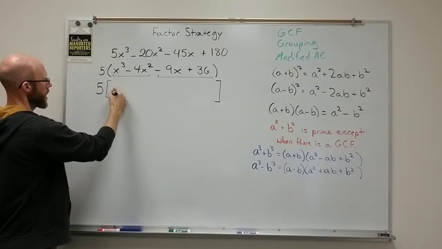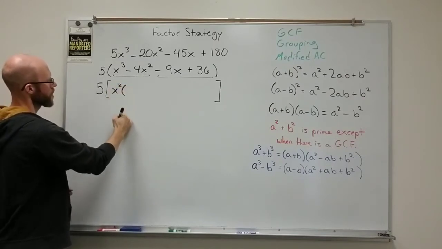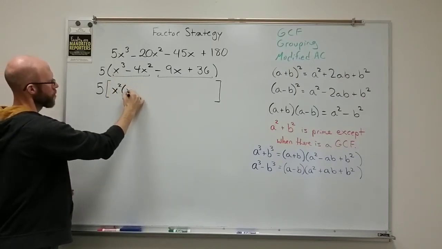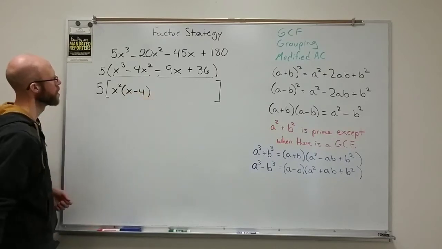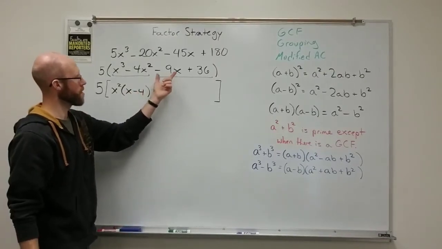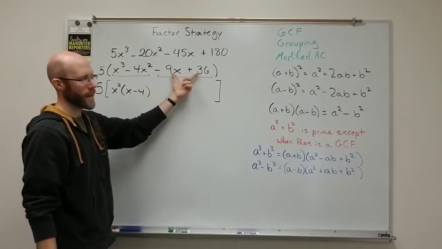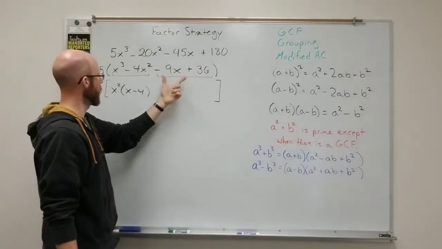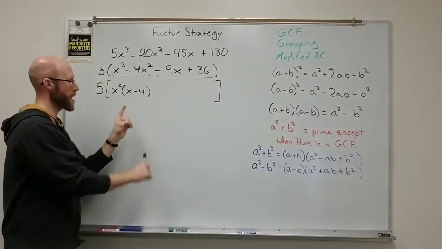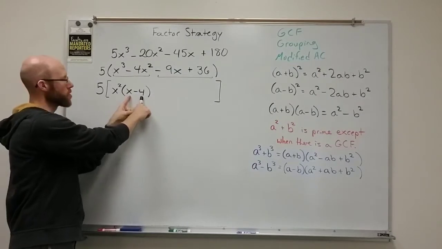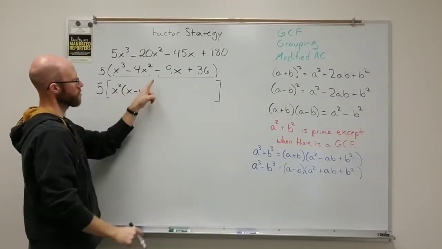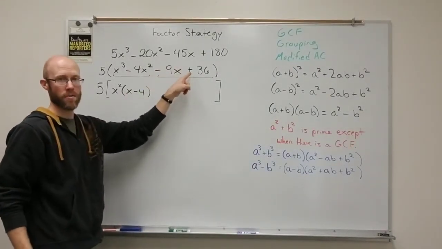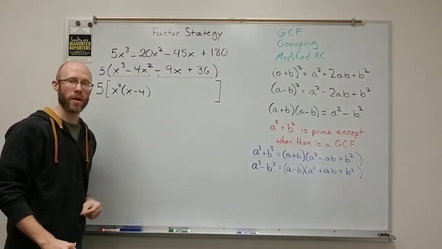I've got x squared as a common factor there, and then x minus 4. Here I have a 9 I could pull out. But I also want my signs to match up with the binomial signs here. So I want them to have a positive then a negative, but right now I have a negative then a positive. So I'm going to switch the signs by pulling out a negative 9.